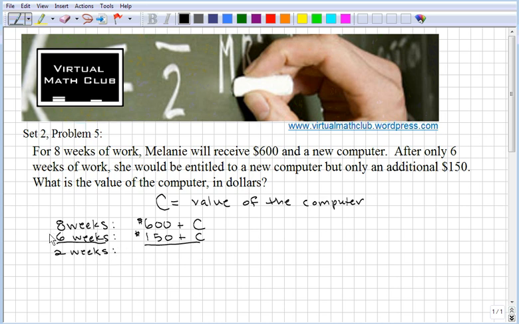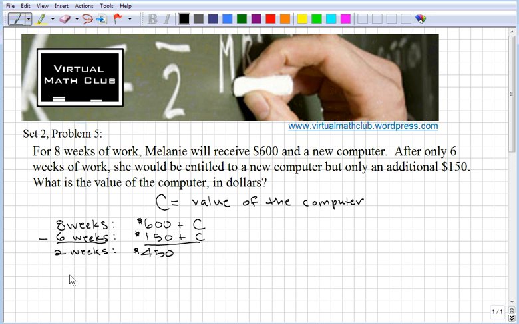If we subtract those two, then C minus C is 0. So that's kind of nice. We get rid of C altogether. And if we subtract 150 from 600, we get $450. So for 2 weeks, she would get paid $450.